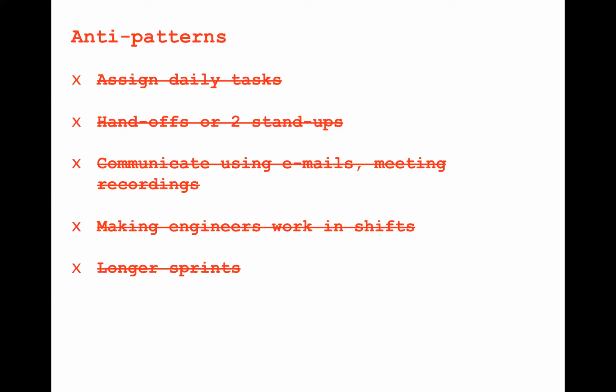We're not going to deliver fast. The chances are, if you make your sprints shorter, automatically you'll be forced to use a more interactive form of communication. So these are some of the anti-patterns and pitfalls that you want to avoid when you are trying to build high-performing, empowered agile teams in a distributed or global setup.